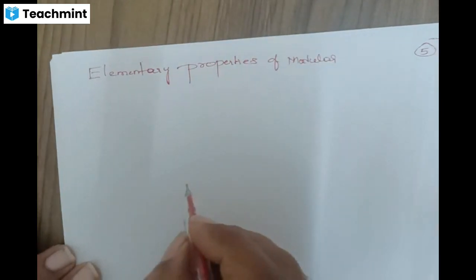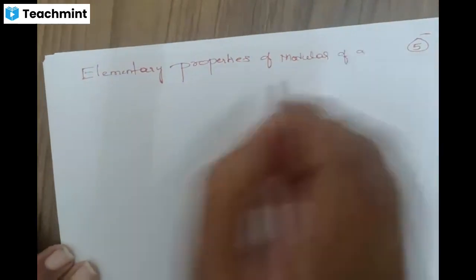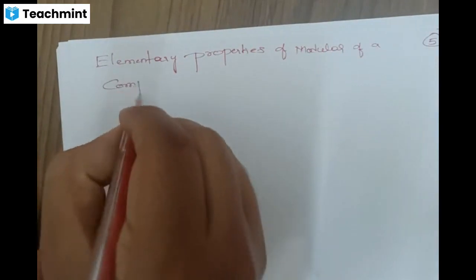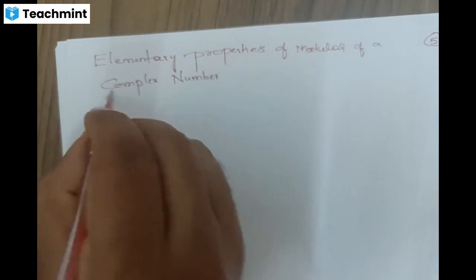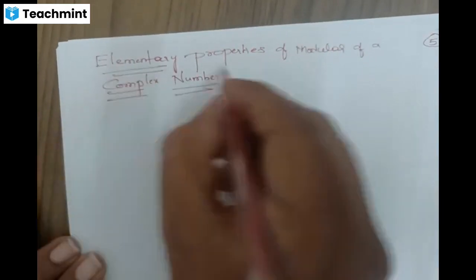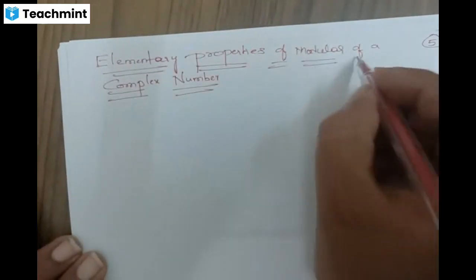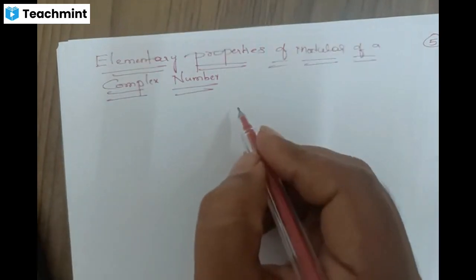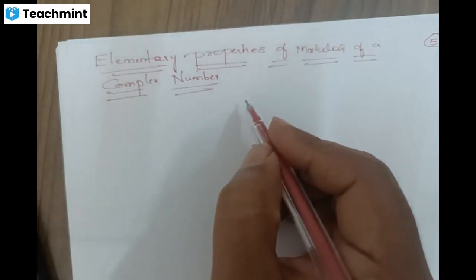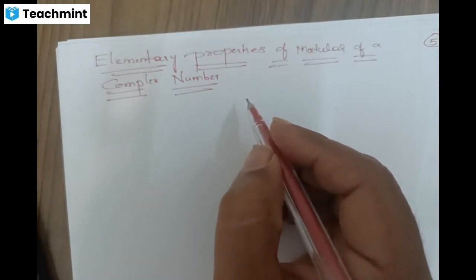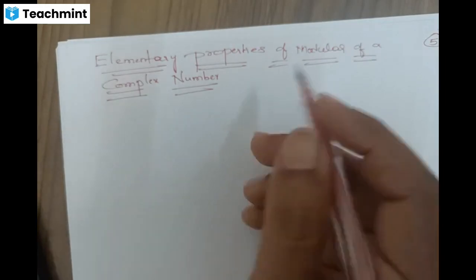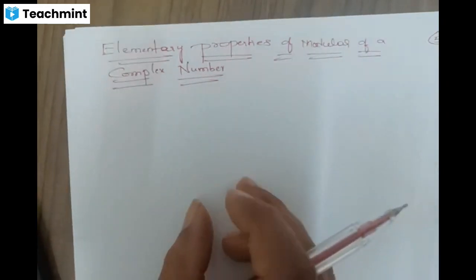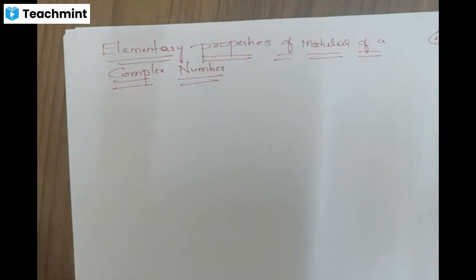Modular means modulus, modulus of a complex number. See, elementary properties of the modulus of a complex number. First, the sum and difference, product and quotient of complex numbers are complex numbers, and next the conjugate of a complex number, in that we covered some of the properties. Now, the elementary properties of the modulus of complex numbers.